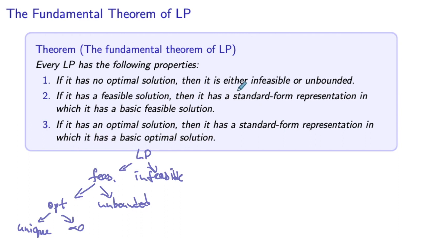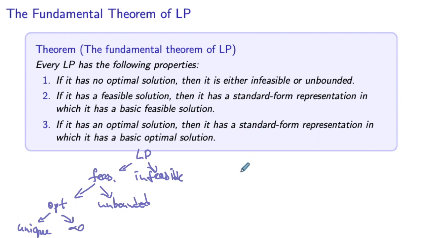Now what the theorem states here is that if an LP has no optimal solution, then it is either infeasible or unbounded, which we can see from our classification, right? But again, we base this classification on our intuition, but to prove it, we need some more rigorous arguments. So why is this statement correct?